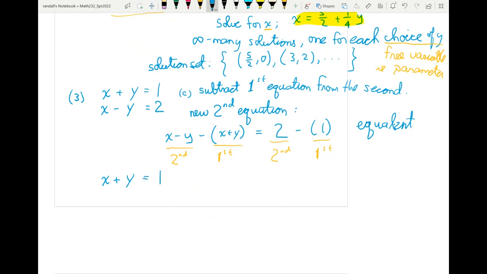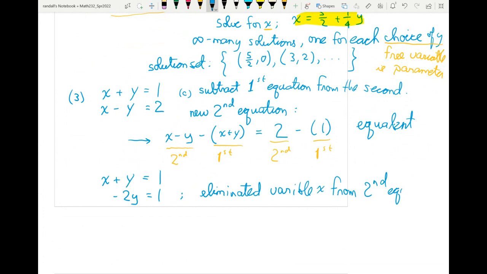So now just do the algebra right here. Okay, so x minus x. So I've eliminated a variable x, and I picked up another negative y. So I get minus 2y equals 1. So what we've done here is we eliminated, and this is a key process we're following here, eliminated variable x from the second equation.